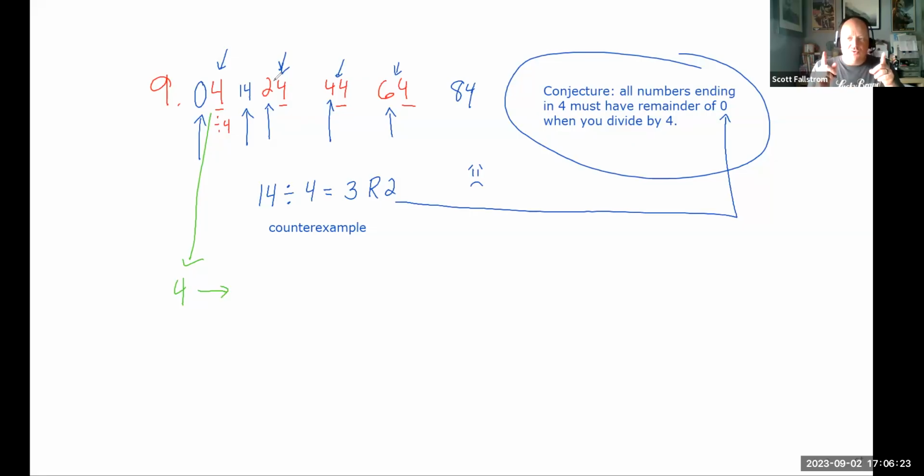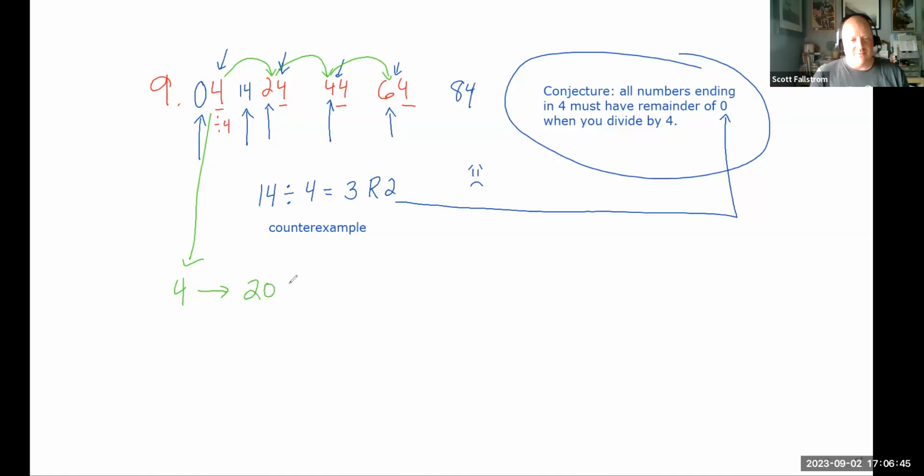Now I could choose to write it as 24, but I might remember that sometimes it's easier to break things down because what I see here is actually what looks like an arithmetic sequence. So how much did we go up for Joey here? From 4 to 24, we went up 20.